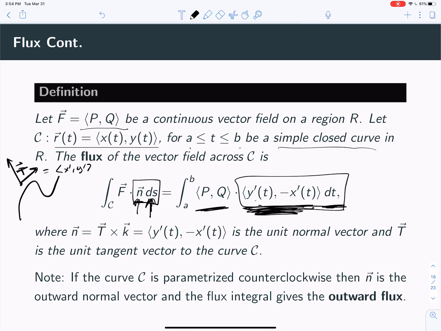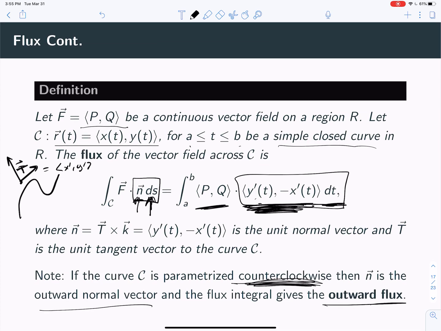So it's that same kind of trade, okay? And if the curve is parameterized counterclockwise, then we use the outward normal vector, then we get the outward flux. So we tend to want to parameterize these curves counterclockwise.